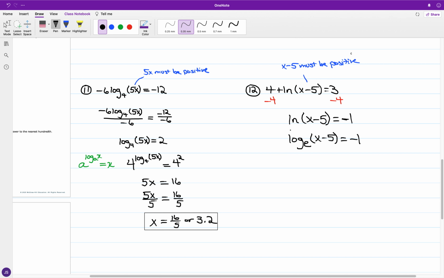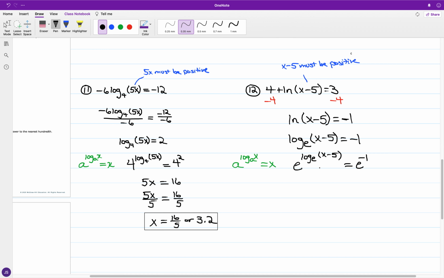But we're going to take care of the natural logarithm by applying again the property that a to the base a logarithm of x is equal to x. Your a is going to be e. So you have e to the natural logarithm of x minus 5 is equal to e to the negative 1.